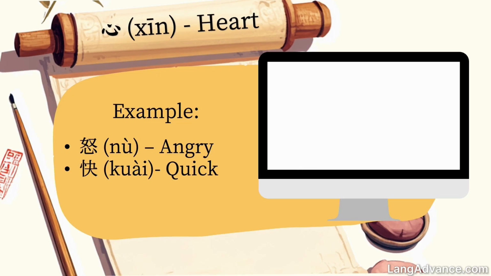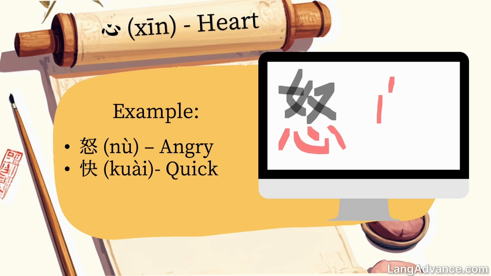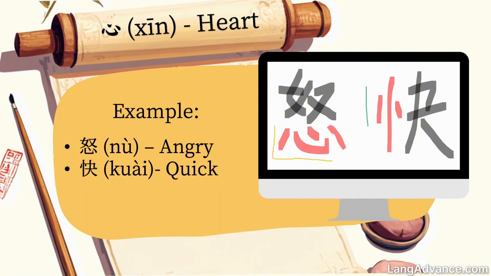I want to talk to you especially about the heart radical because this is one of the most interesting radicals. This has to do with your heart, your emotions. However, when it is in the radical form, we have two different forms, either like this or like this. Both of them are called the heart radical. One of them is the heart underneath, and the other one is the heart by the side.